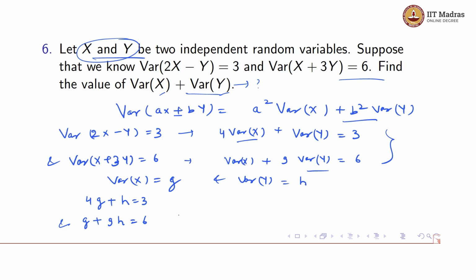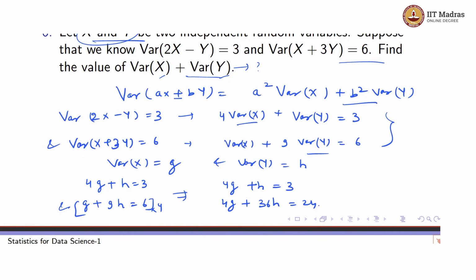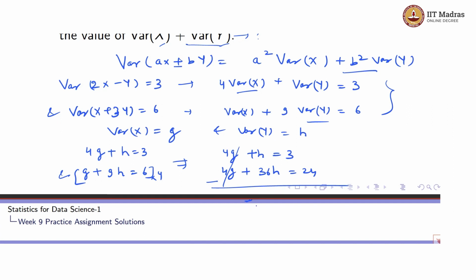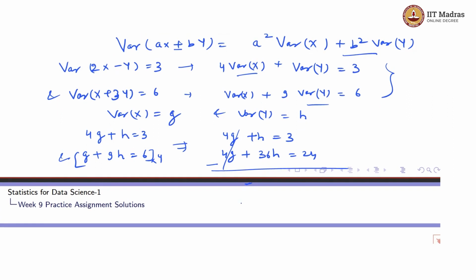If we multiply the second equation by 4, we can write this as 4g plus 36h is equal to 24. Now if we subtract these two equations, the g terms will be cancelled out, and we'll get minus 35h is equal to 3 minus 24, which is minus 21. So the value of h is 21 by 35, which is 0.6.